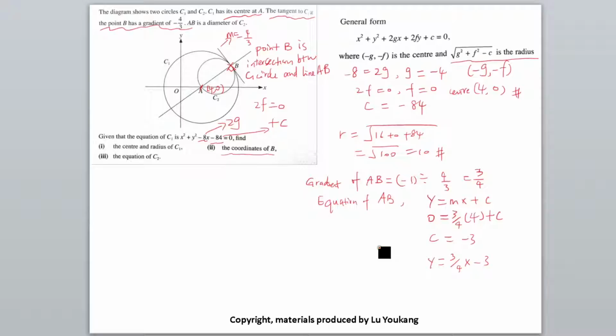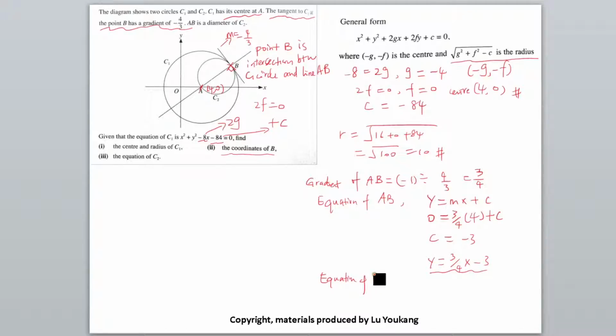So now, let me sub in y equals 3/4 x minus 3 into the equation of C1. We are given the equation of C1, so let me copy it down first.